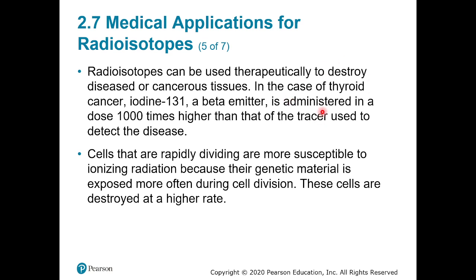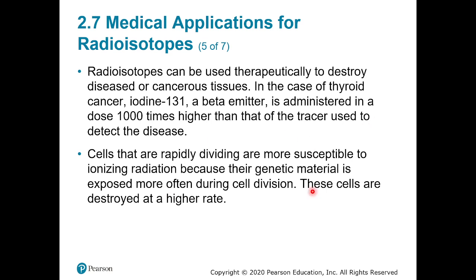It can be administered in a dose that's 1,000 times higher than that of a tracer that would be used to detect the disease. This would poison the human you give it to, but it will poison the cancer more. If you very carefully administer this over a given period of time and carefully monitor the patient's reaction, you can use it therapeutically to destroy, say, thyroid cancer.